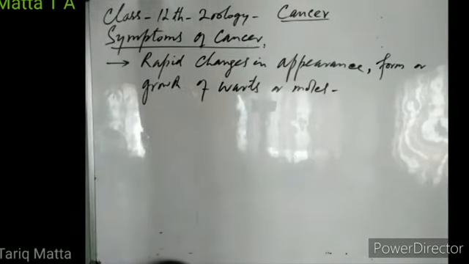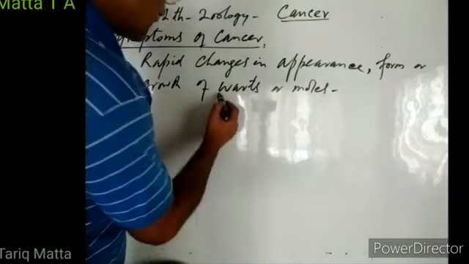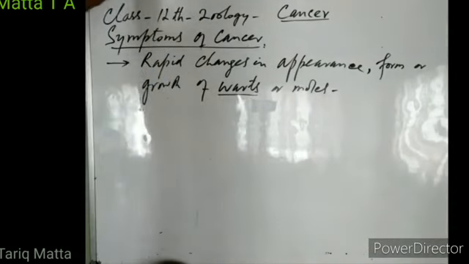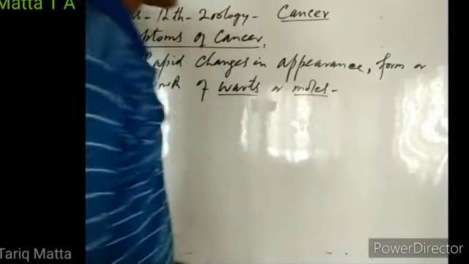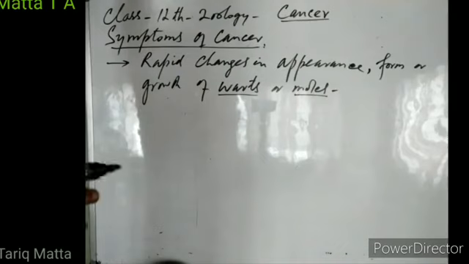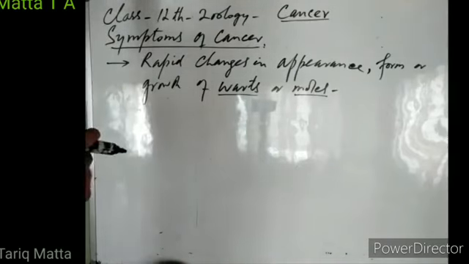So we develop some warts on our skin. These warts, as I told you, are benign tumors. Or we develop some moles. At that mole, there is accumulation of melanin pigment. So if a person is seeing any change in the shape and size of these warts or moles, this rapid change may also be an indication of cancer.